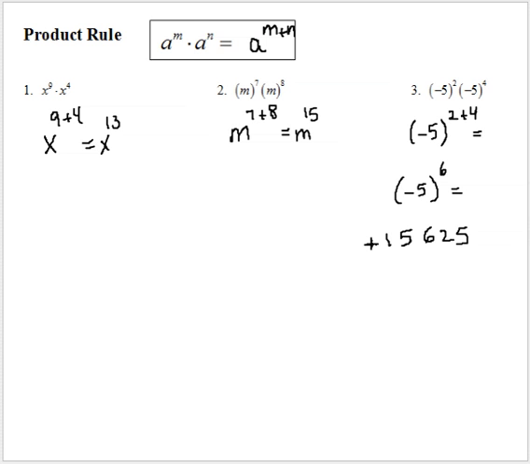Yeah, we have an even number of negatives here. So we have negative 5 multiplied by itself 6 times. Since 6 is an even number, the answer is going to be positive at the end. Okay, rounds up okay for these 3.